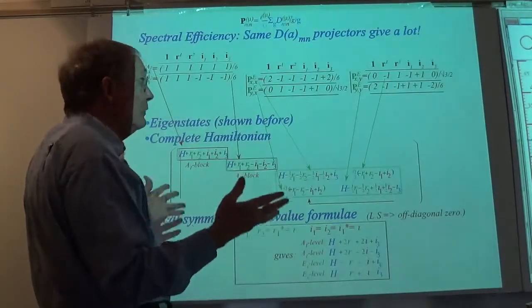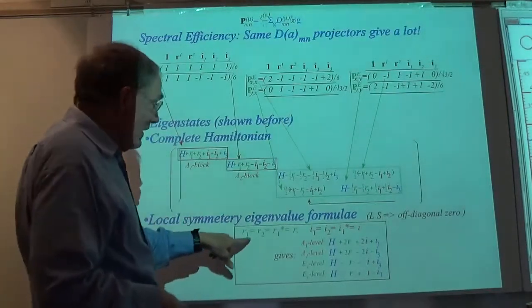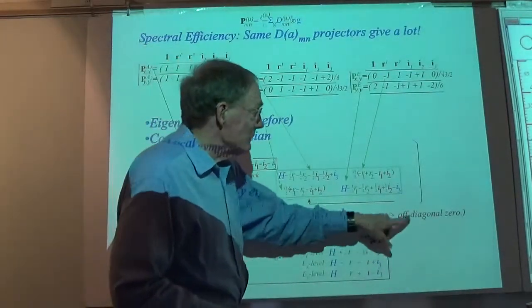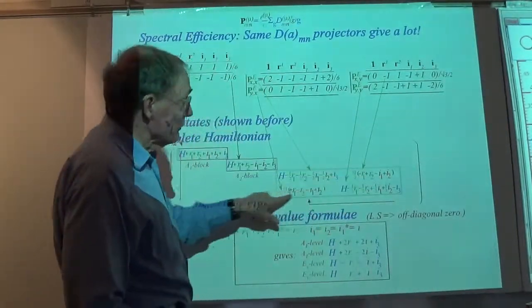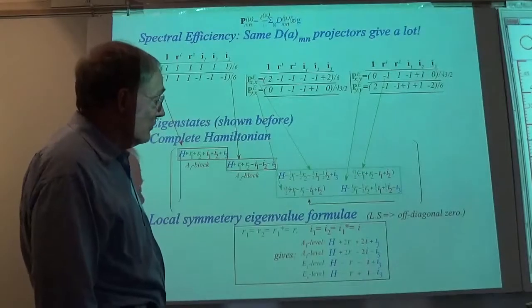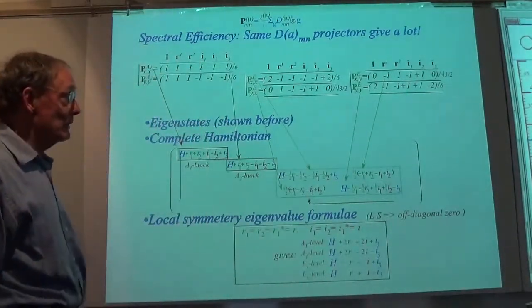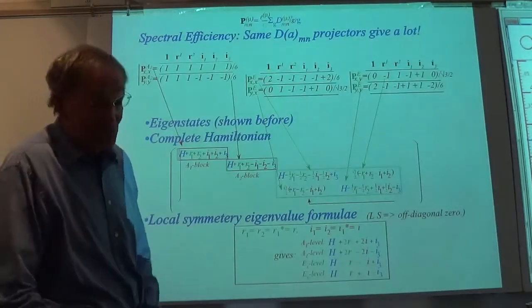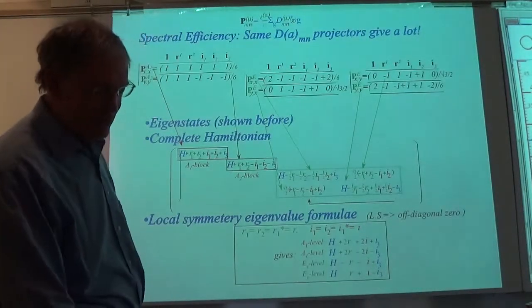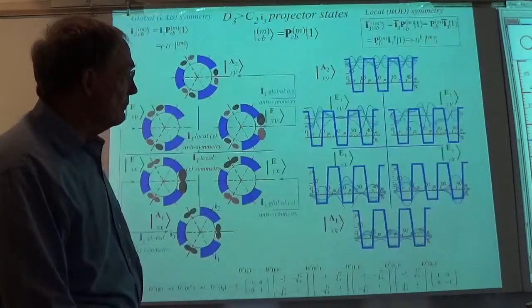But if you use the particular parameters that are appropriate for this, if you use the local symmetry, then you'll notice that the off-diagonal parts go to 0. So you get your eigenvalue formula straight away with no calculation beyond what we've already done, which is considerable because we're learning this for the first time. Okay? So that's really important.